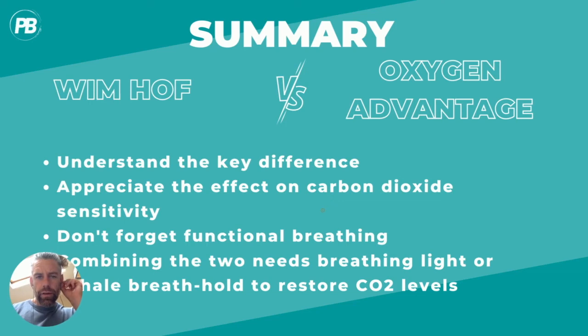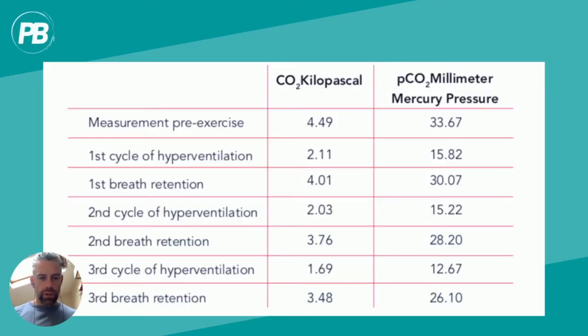With the Wim Hof method, understand that when I have finished three rounds, my breathing is going to be influenced by the low levels of carbon dioxide that I've created as a result of that stacking effect of three rounds of hyperventilation and breath holding. You've seen the data. Yeah, it's much lower. We can go back. It's much lower at the end than it was at the start.